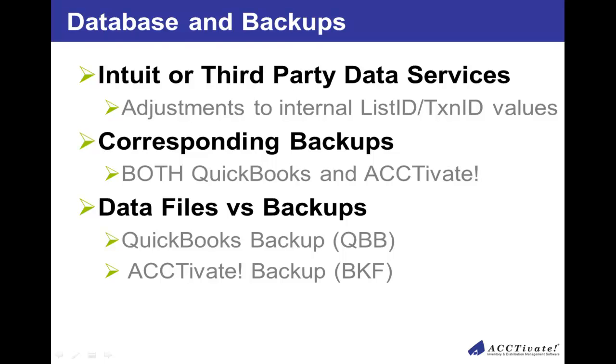So we understand at some point your data file could become damaged in QuickBooks, and as a last resort, they're rebuilding your file for you. That's fine, we understand it, but just make sure you've got a backup before that happens.